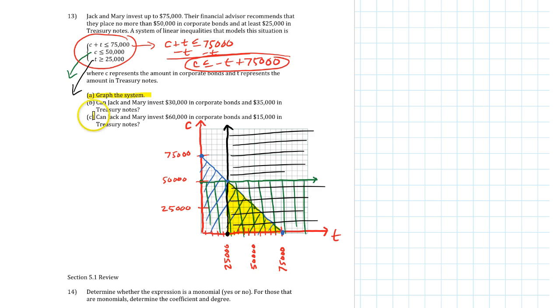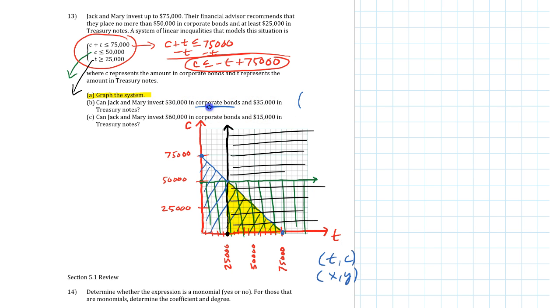Okay. B, can Jack and Mary invest $30,000 in corporate bonds and $35,000 in treasury notes? Okay. Well, our ordered pairs, the way that we've set these up, it is T comma C. It's usually X comma Y, but here we've said T is X and C is Y. So we have to do the same thing up here.